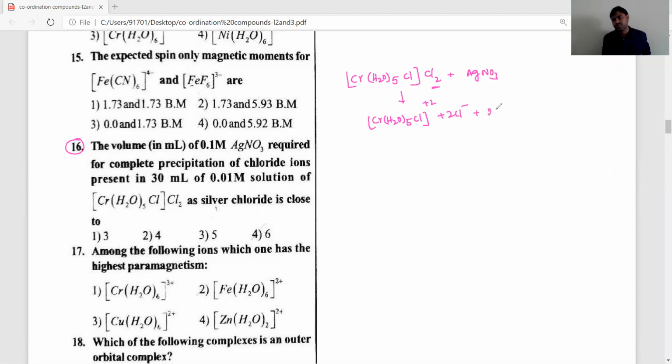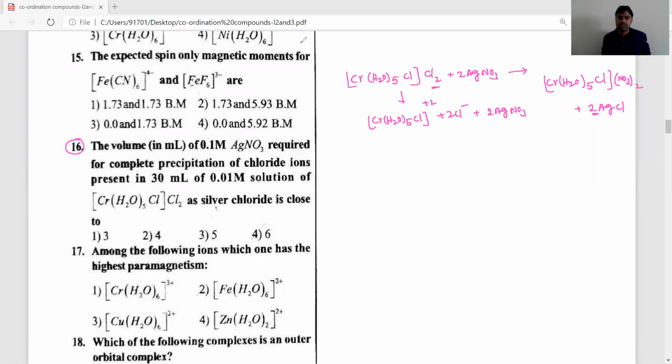Then it reacts with 2 moles of silver nitrate and produces [Cr(H2O)5Cl](NO3)2 plus 2 AgCl, 2 moles of silver chloride will form.